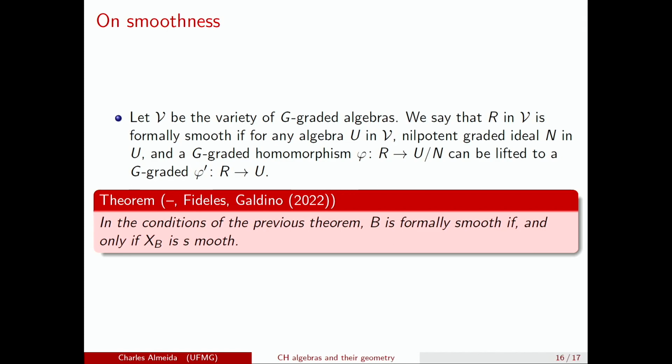So we can give a geometric criterion to prove that some algebra is formally smooth, where formally smooth means that we can lift some morphism with some more conditions. And for instance, we can use this to prove that the algebra of diagonal matrices is not smooth because it is associated with the coordinate ring of the double point.